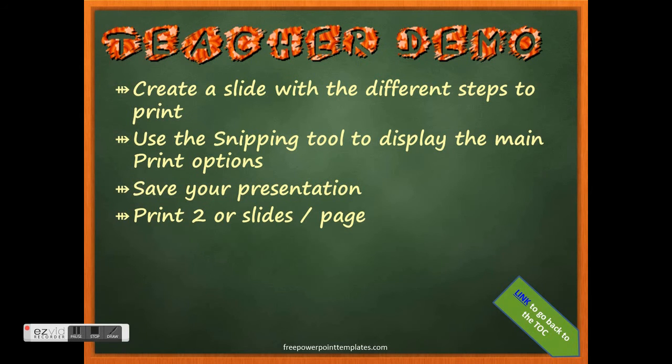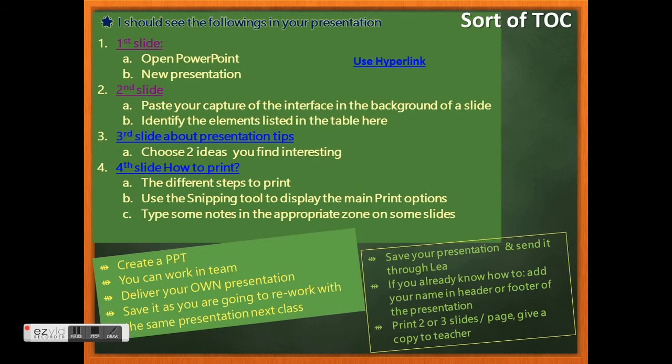The last slide here is just to give you a step by step, or a table of contents, of everything you need to have inside your presentation, slide per slide.